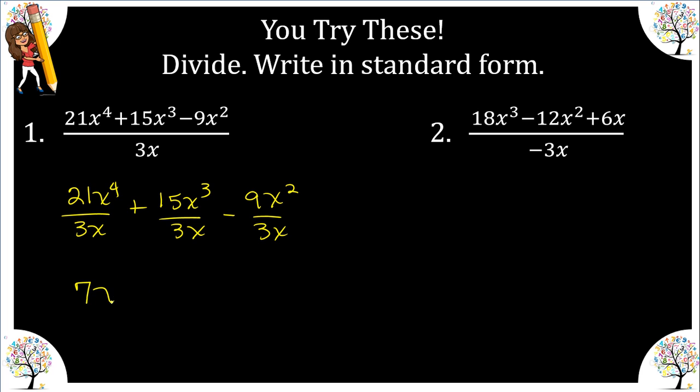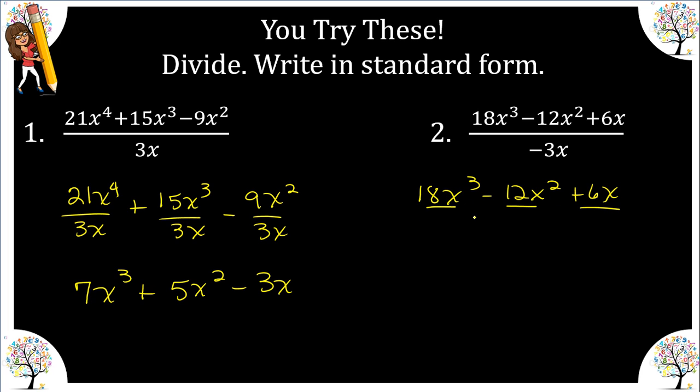This gives me 7x to the third plus 5x squared minus 3x, a cubic trinomial. We have a negative 6x squared plus negative divided by negative is positive 4x, and then a minus 2, a quadratic trinomial.